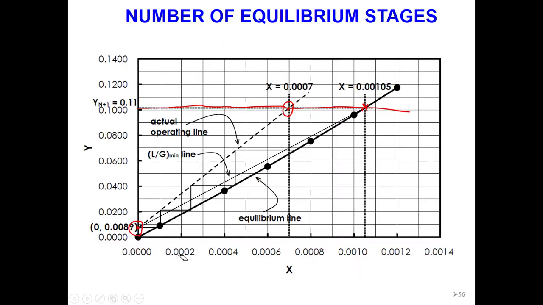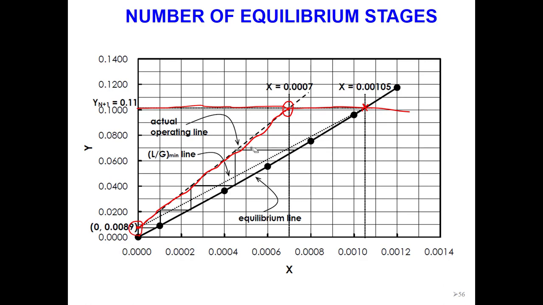So now you have this point and this point here. You just connect these 2 points to each other. That gives you your operating line.